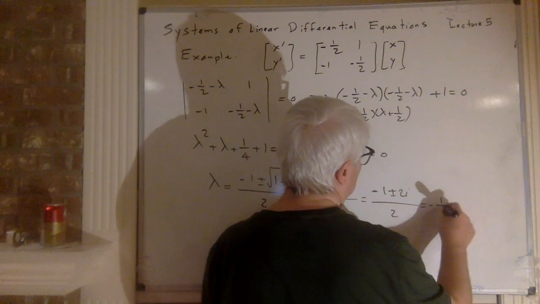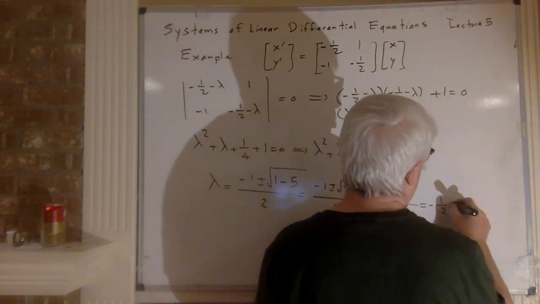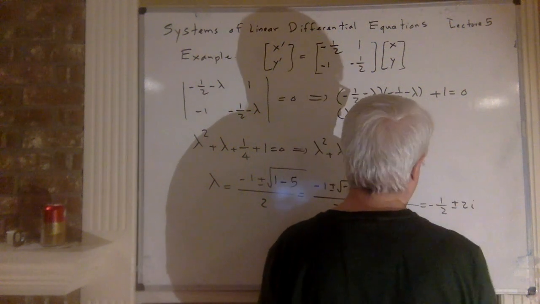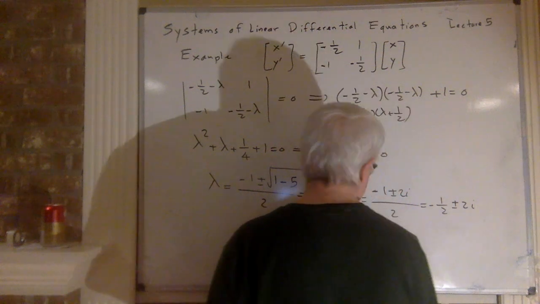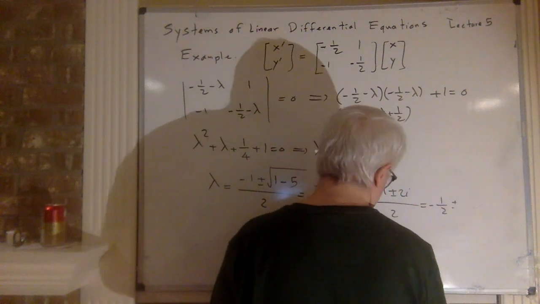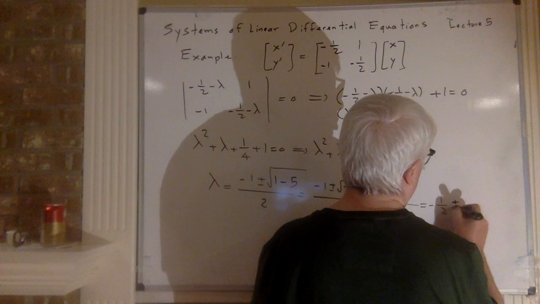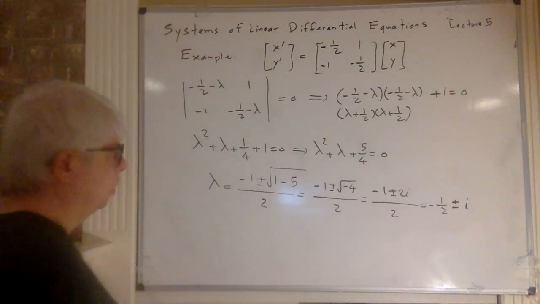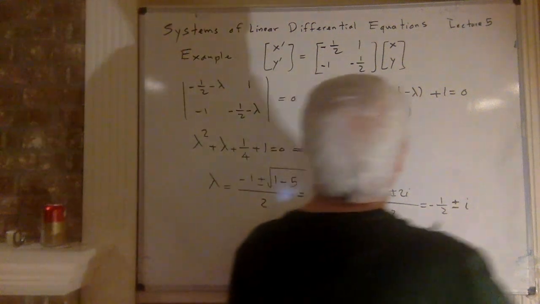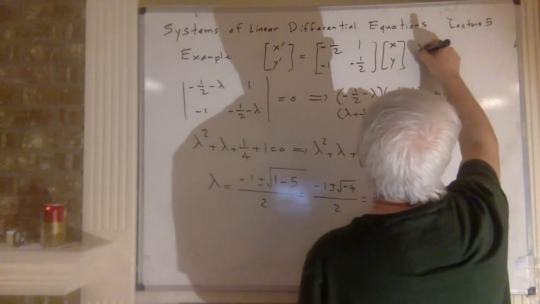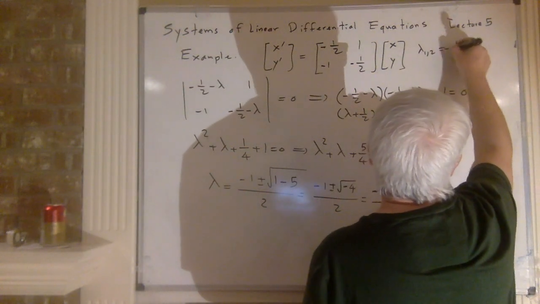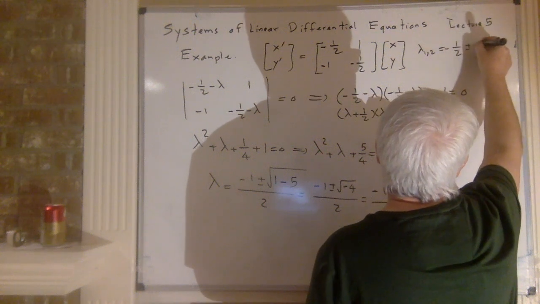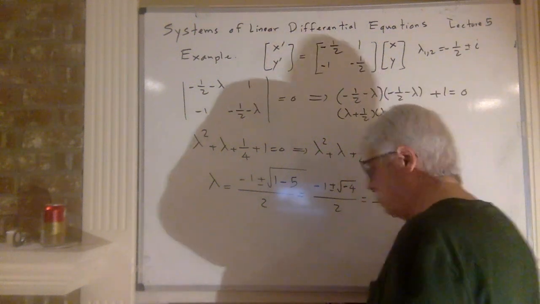So I have minus 1 half plus minus i. Lambda 1 and 2 is minus 1 half plus minus i. Right.